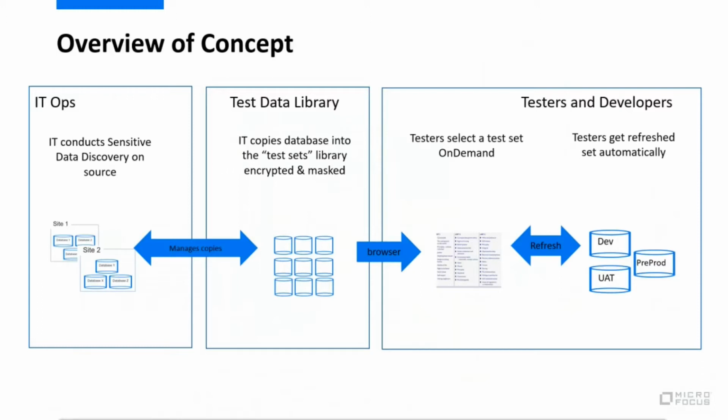Voltage proposes to its customers an architecture that helps manage the complete TDM process. This is what you can see here, the concept overview. On the left, the DBAs in the IT department first discover information, as we saw, any sensitive data, because knowing the sensitive data allows you to define the proper masking rules.